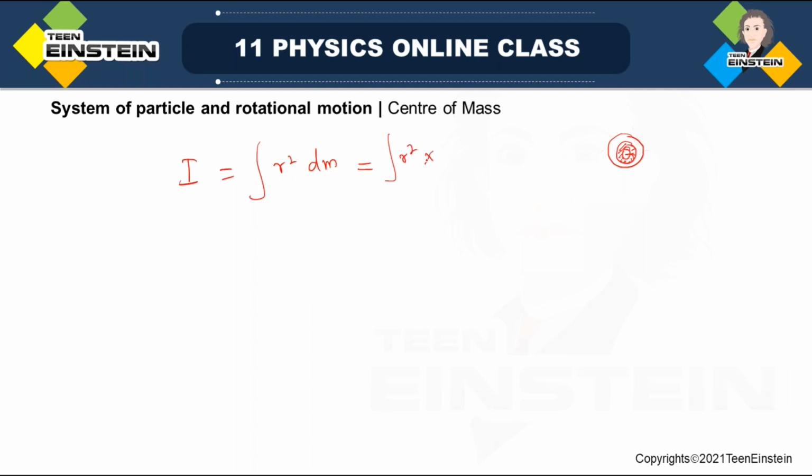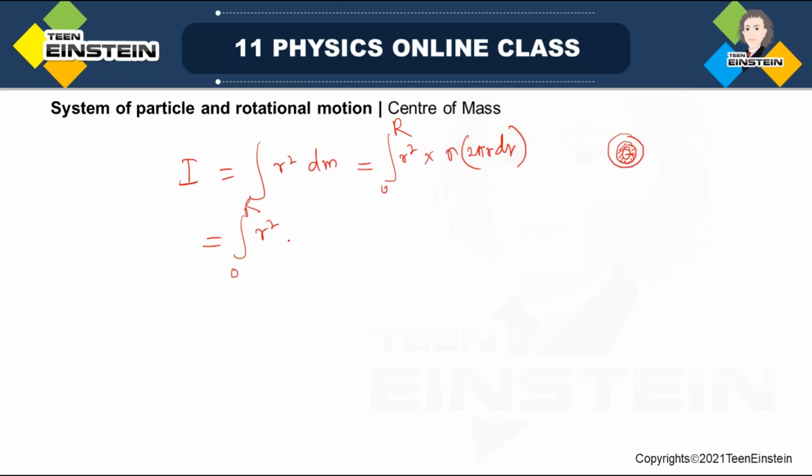So r square, what is dm? Sigma into 2 pi r dr. So sigma will be written again here, and the limit should go from 0 to capital R because it has capital R radius.